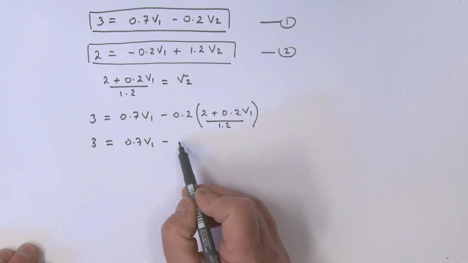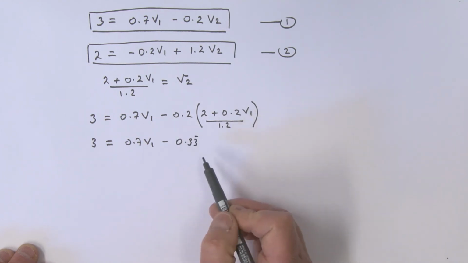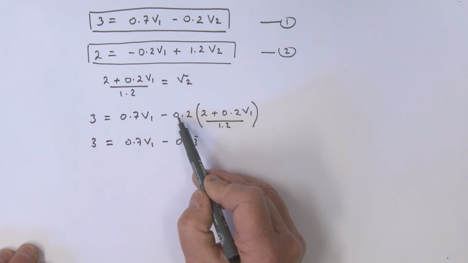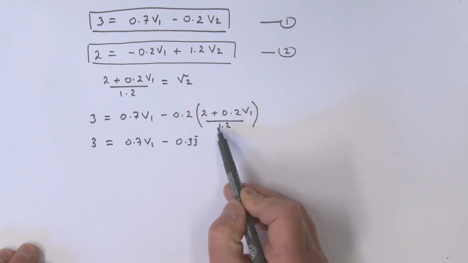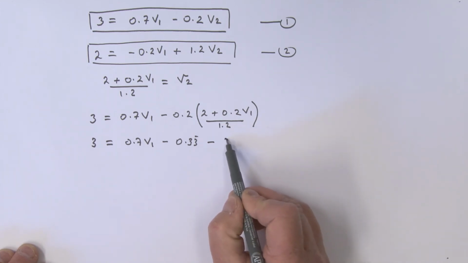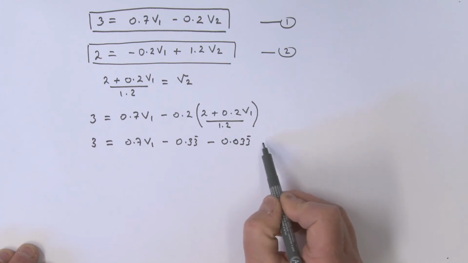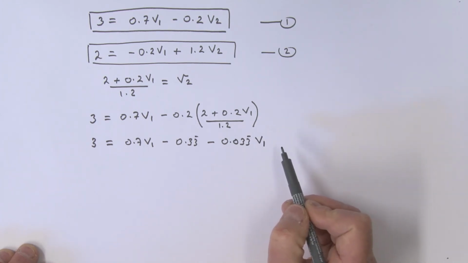So let's do that little calculation. That is a 0.33 recurring. And then multiplying out, that's 0.2 times 0.2 divided by 1.2. That gives me a minus 0.033 recurring V1s, okay?